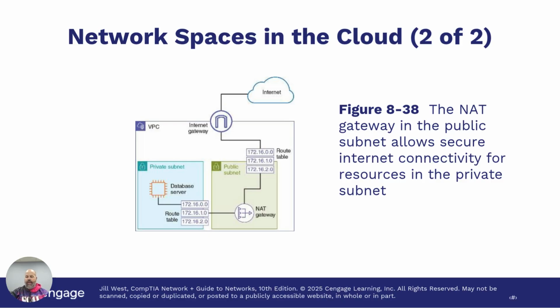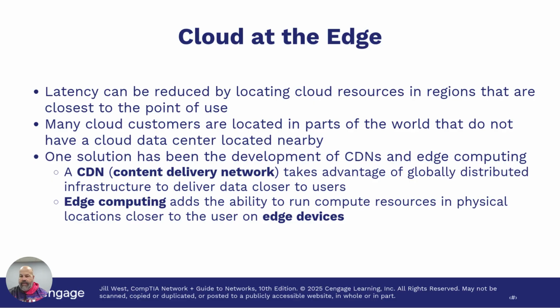Meanwhile, the public subnet can host things like web servers that need direct internet access. It's all about layers of security and controlled access. Finally, let's talk about edge computing. Latency, which is that annoying delay, can be reduced by locating cloud resources physically closer to users.